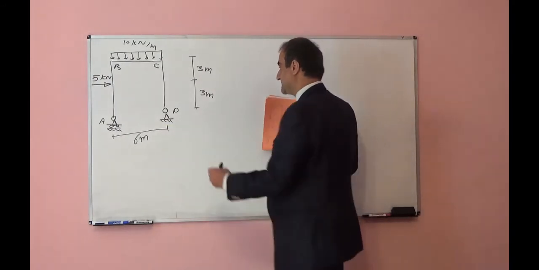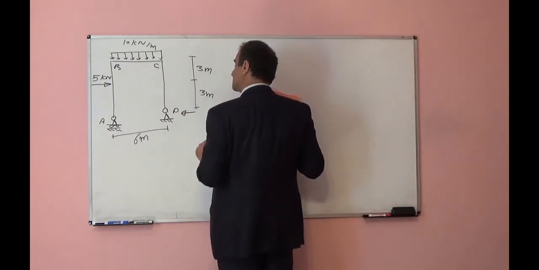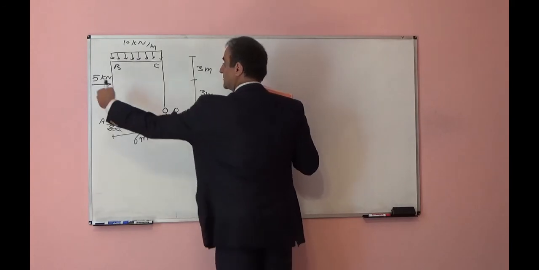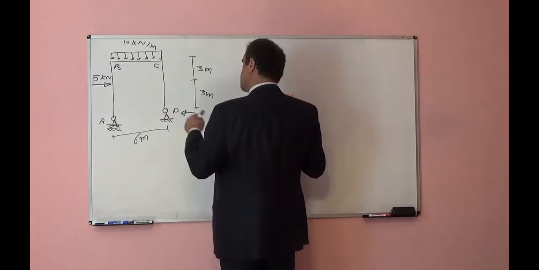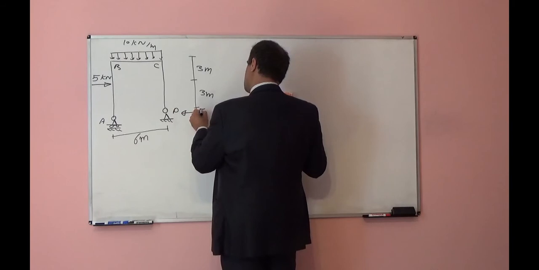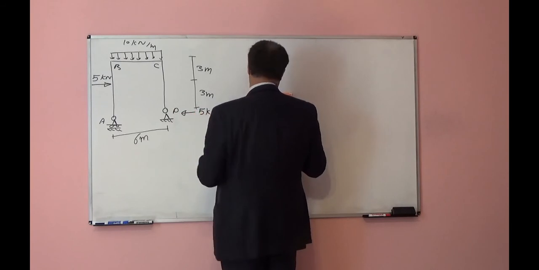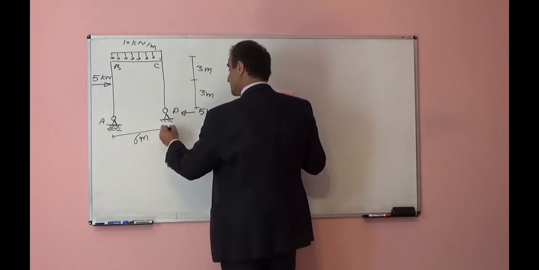Okay, Dx, summation of forces in horizontal direction is equal to 0. 5 minus Dx is equal to 0. So Dx will be 5 kilonewton in the inverse direction.